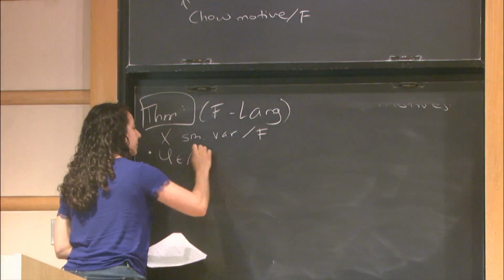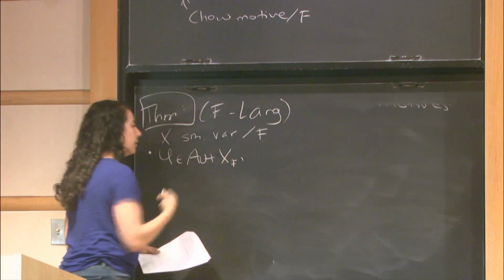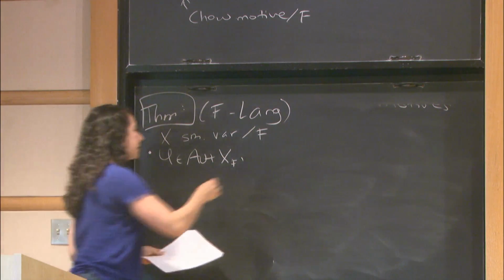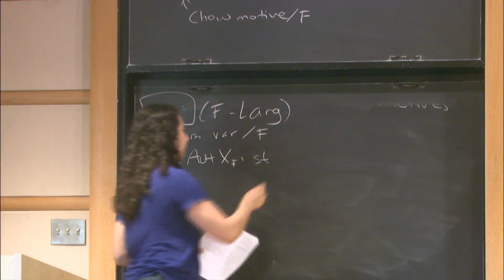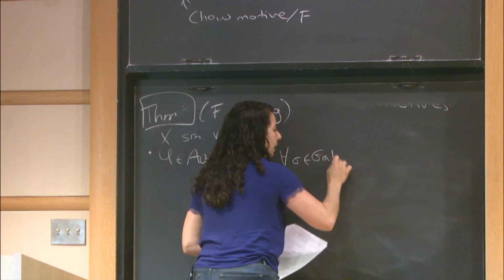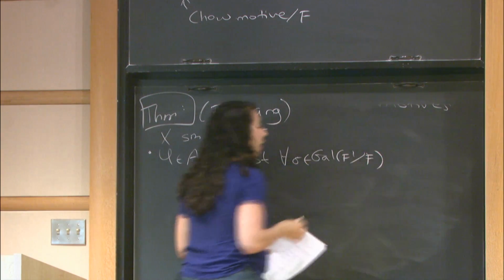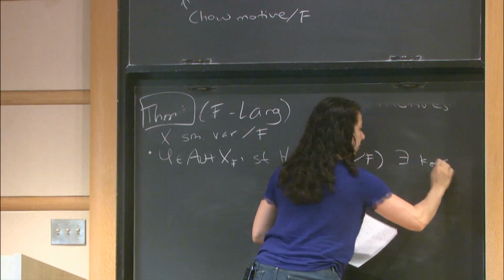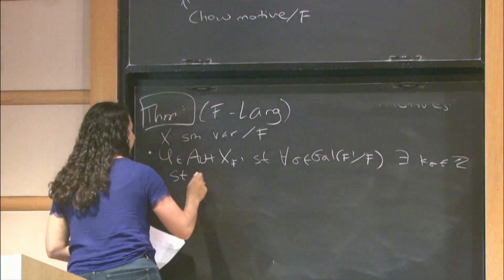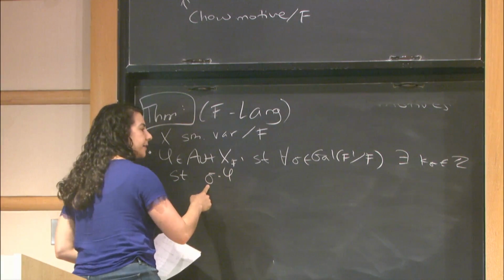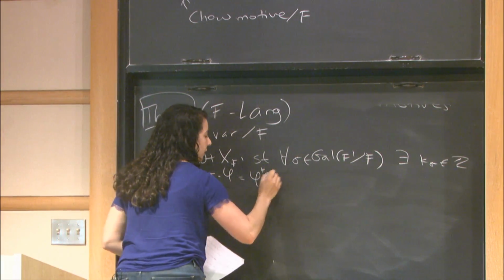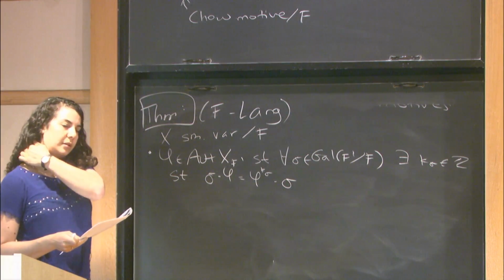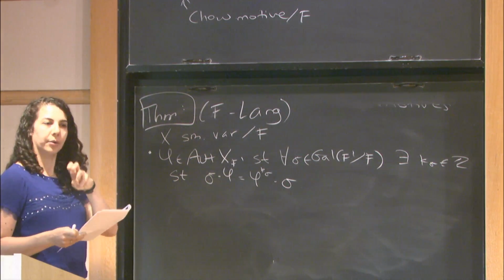I want some automorphism phi of X, maybe possibly after base changing to some bigger field, such that for any element sigma of the Galois group of this F prime over F, there exists some integer such that when I act on this phi by this sigma, it really just raises phi to some power. So I'll call this acting by powers.